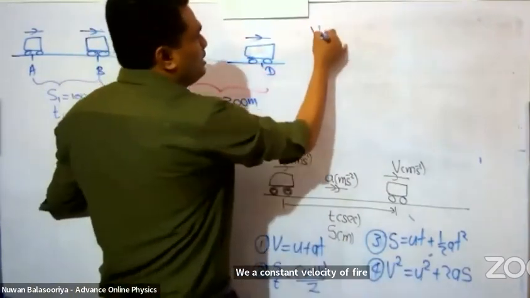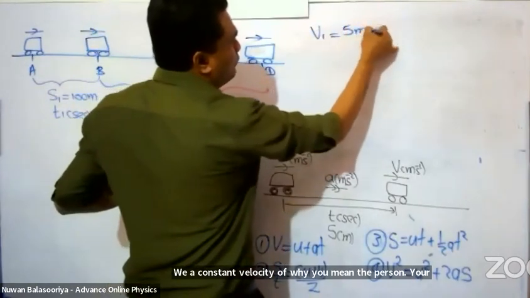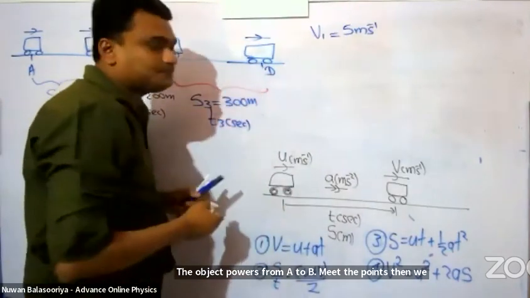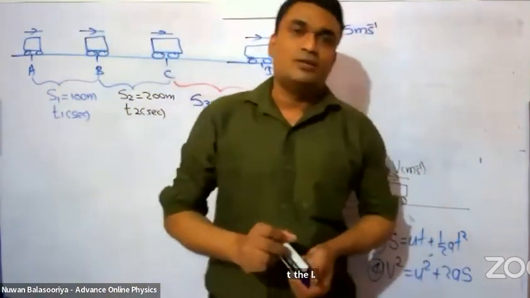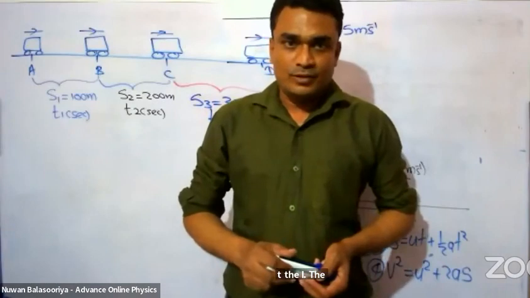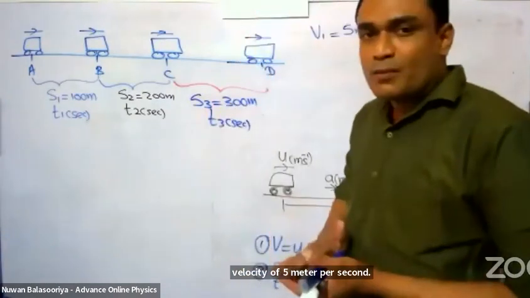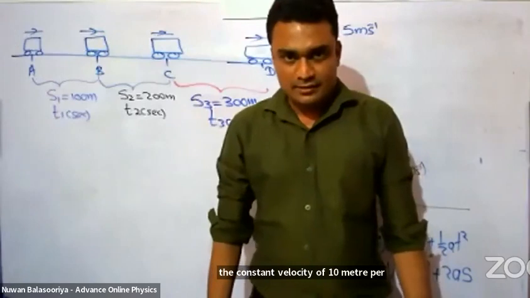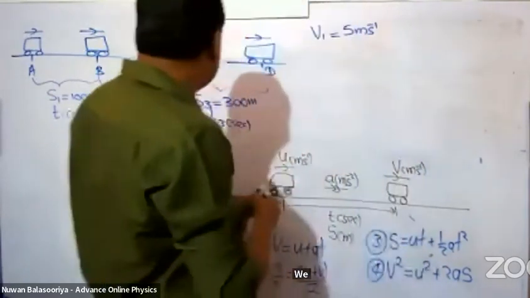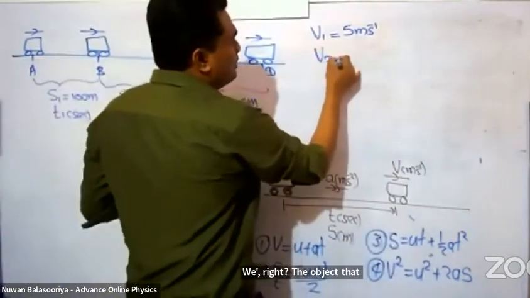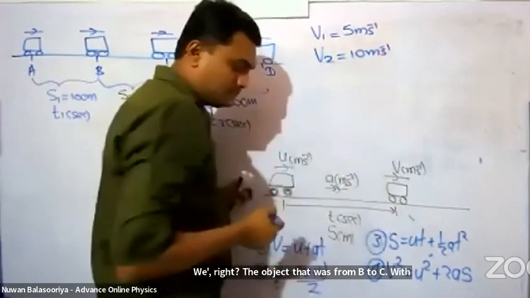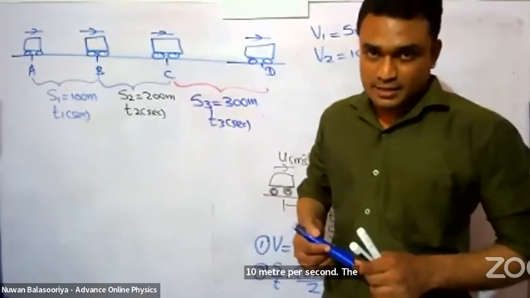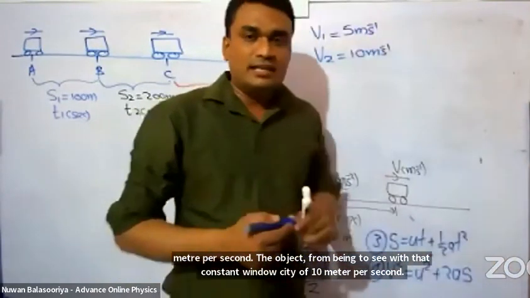The object travels from B to C with a constant velocity of 10 meters per second.